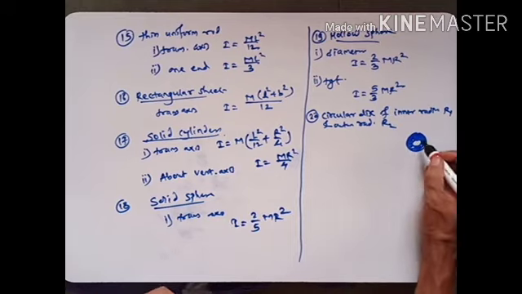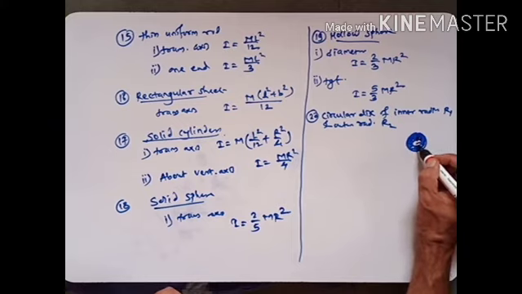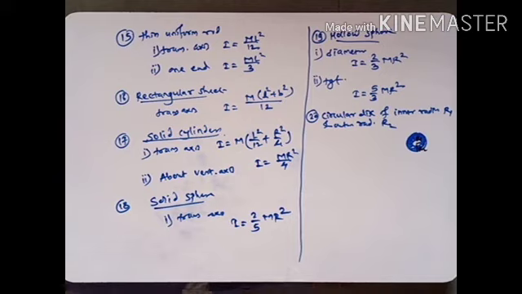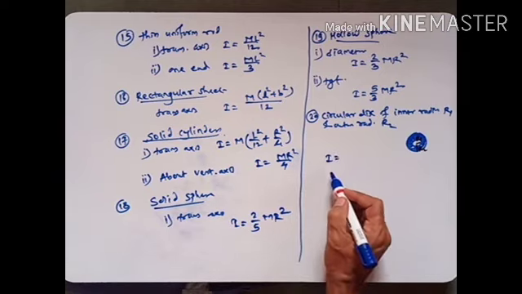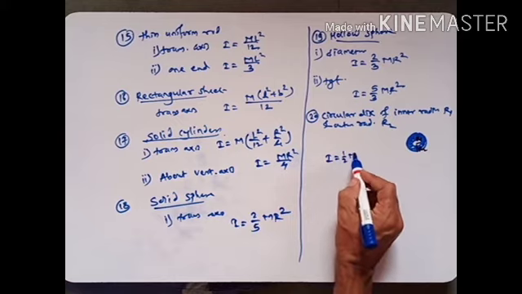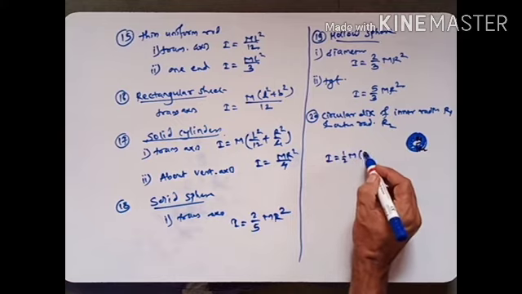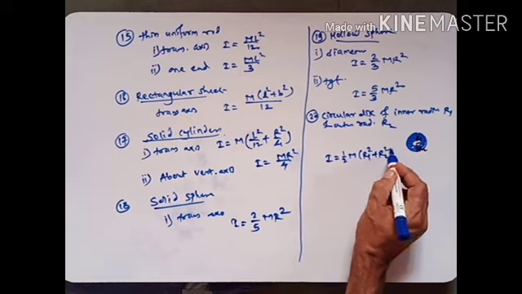Here, this is r1 and total, suppose this is r2. Then I is equal to 1/2 m into r1 square plus r2 square.